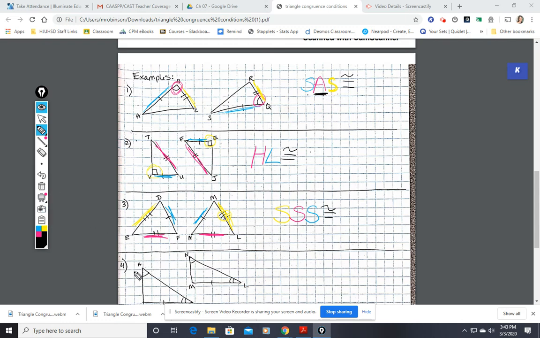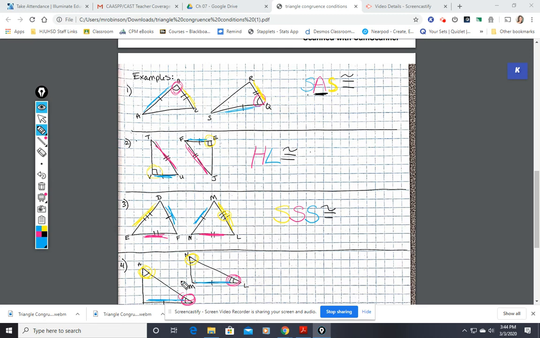Okay, we got one more here. I've got an angle right here. This angle matches this angle. They have the same little marker on it. I have another angle right here, which matches this angle right here. Same double marker on it. And then I have this side right there that matches this side right there.